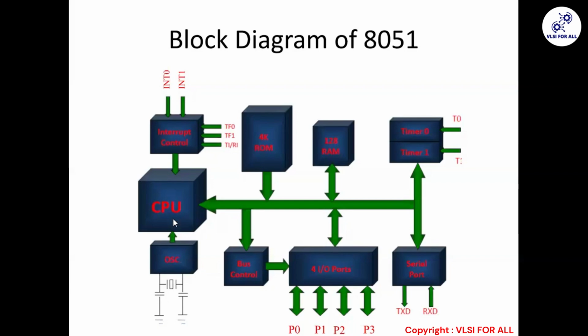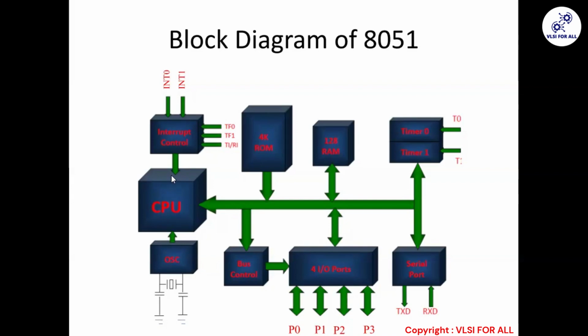This is the oscillator frequency. Further we'll go into detail, but at present, approximately 12 megahertz is the frequency given to the CPU, so that the CPU will work in synchronization with that oscillator frequency.